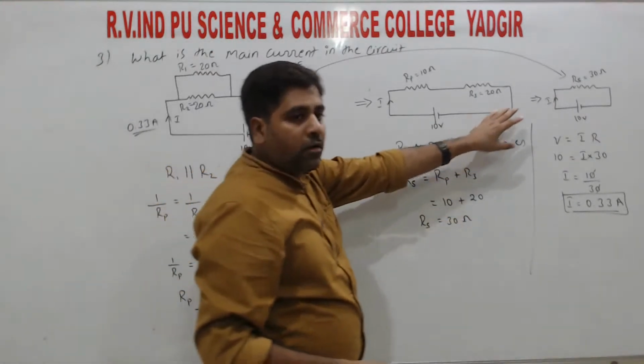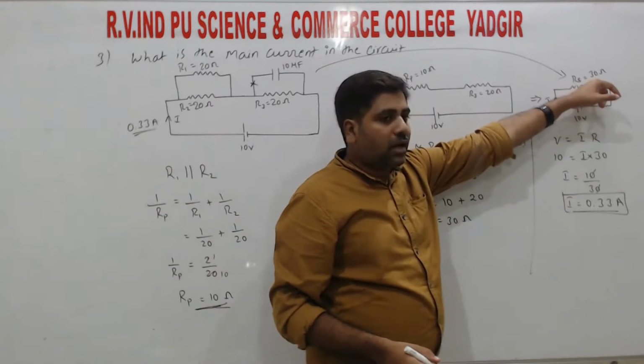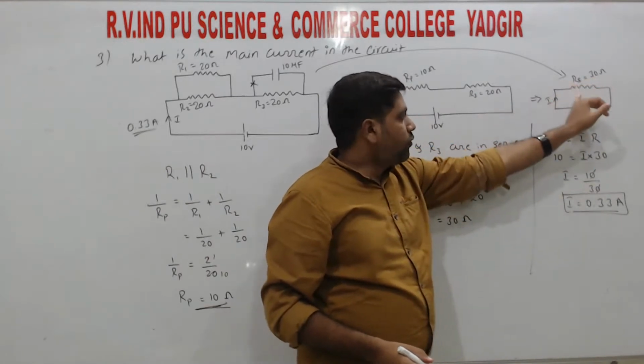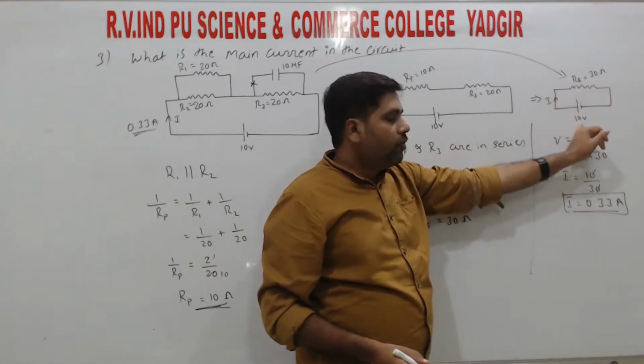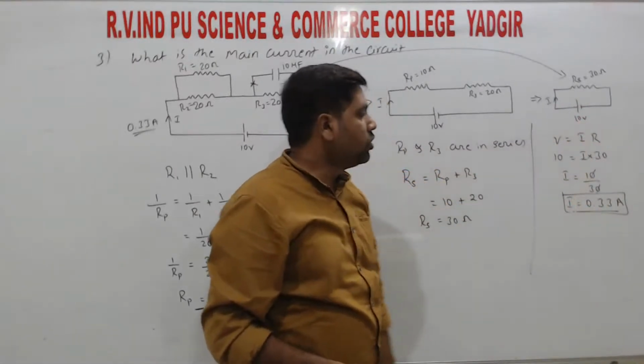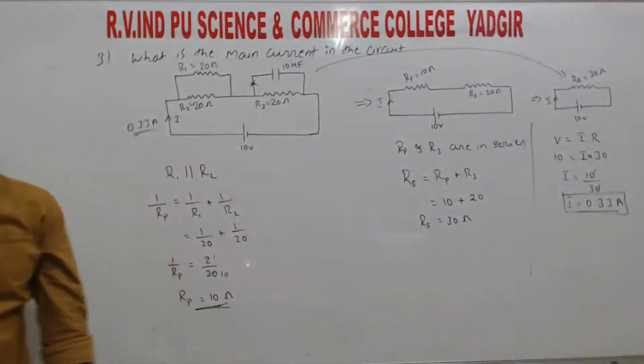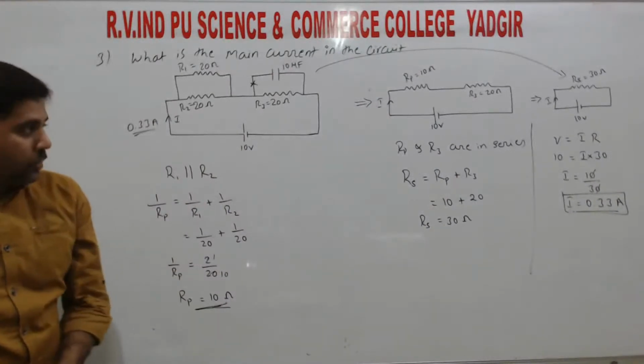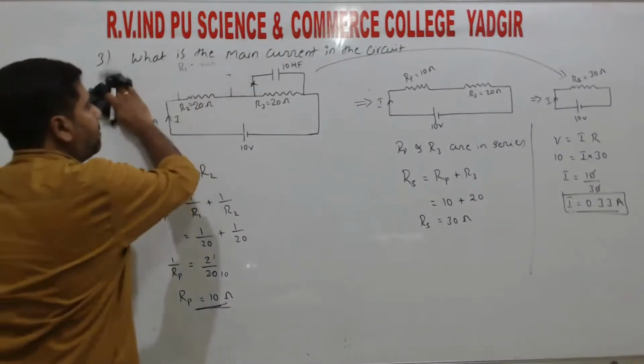So we get one final equivalent resistance, 30 ohm. The current flowing through the 30 ohm with the given voltage 10 volt is I equals 0.33 amperes. Next.